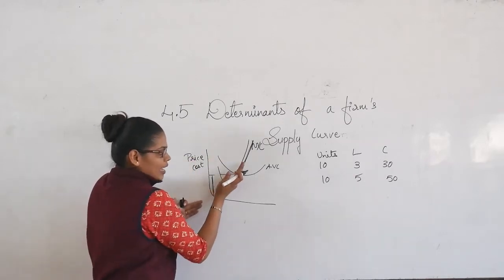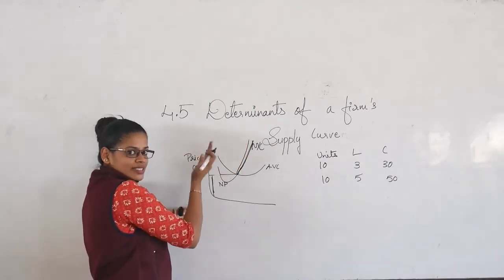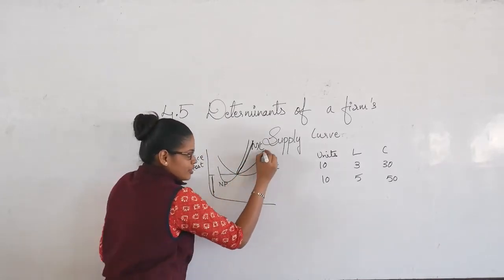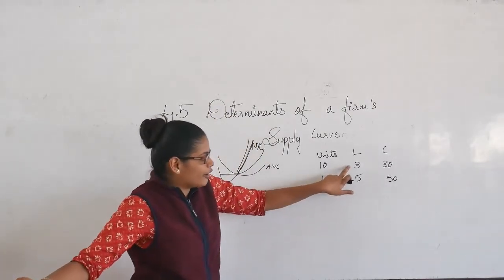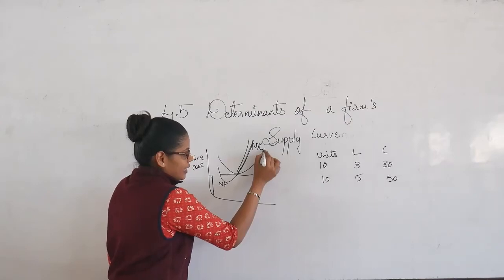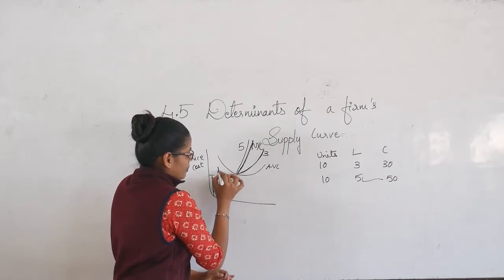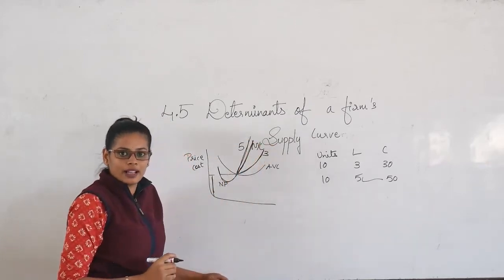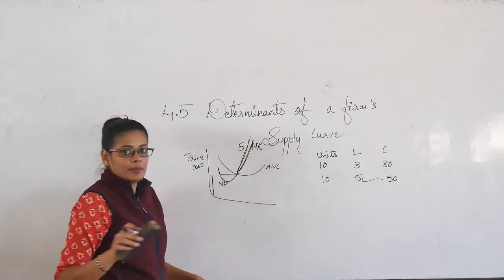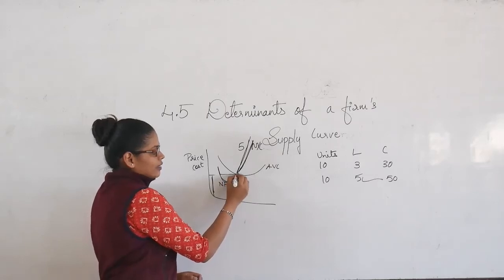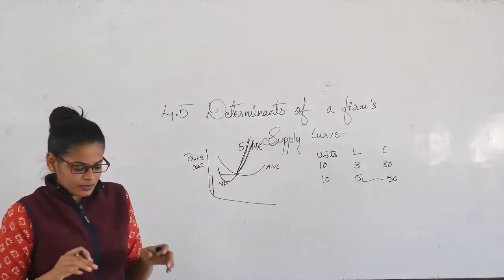So if the prices are increasing, then the supply curve will also shift towards this side, but not this side. If it shifts towards this side, then the prices are lower. Understood? So when we have 5 as the labor wage rate, the shift is towards the left side of the previous supply curve.